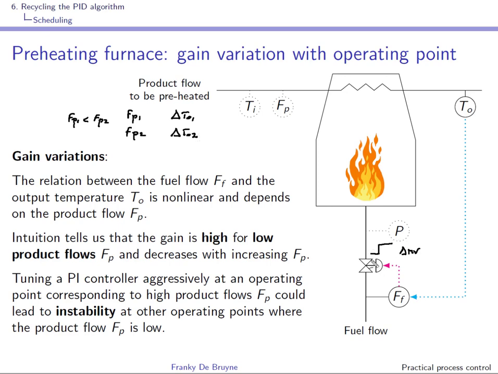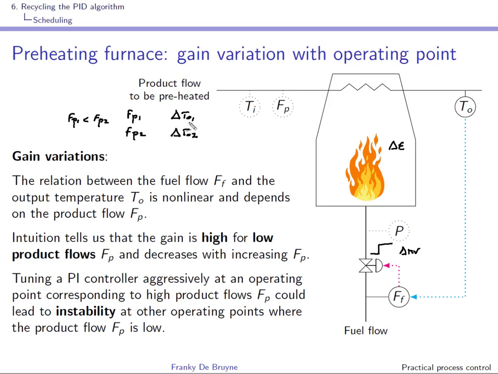But opening the valve here corresponds to a delta in the energy that we put in the system. But in the first case, since the product flow is smaller, this is going to lead to a delta in the temperature that is higher than the delta in temperature in the second case.